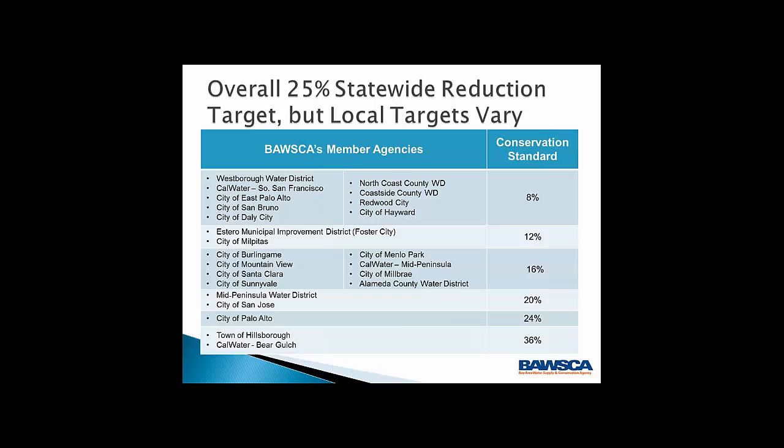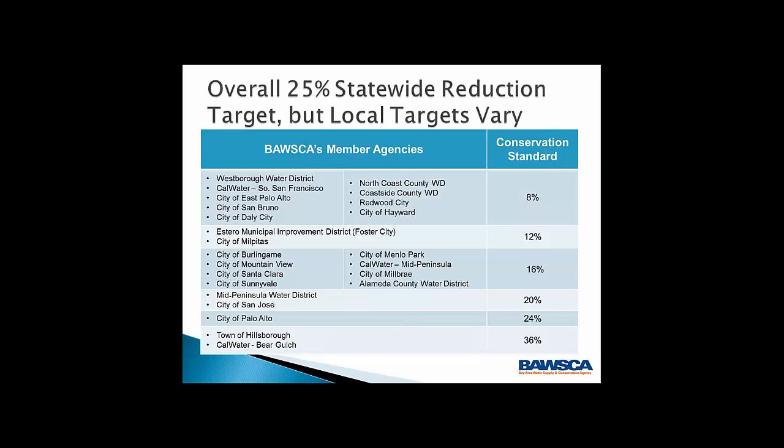So as I mentioned, the overall statewide water use reduction target was set at 25%. But in figuring out how to achieve that overall 25% target, the state board assigned each water supplier an individual conservation standard, as they call it, or water use reduction goals, another way to put it.